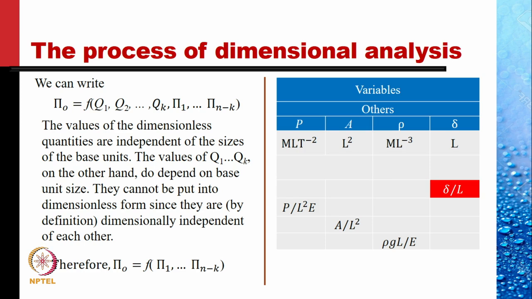And pi naught, the dependent non-dimensional parameter, would be a function of these n minus k non-dimensional pi's. So we can write delta by L is a function of P divided by L square E, A by L square, and rho G L by E.